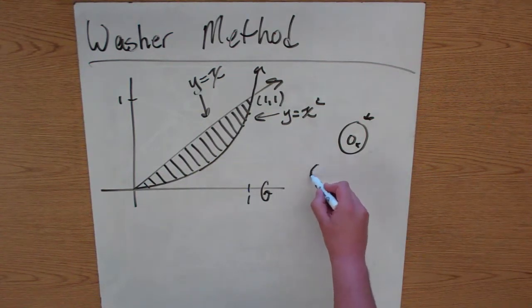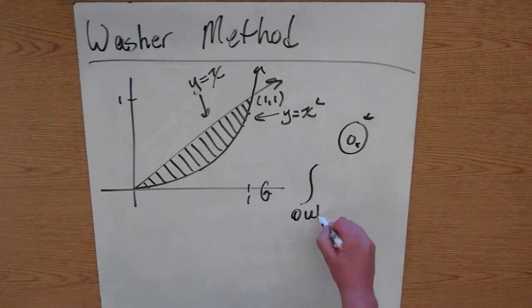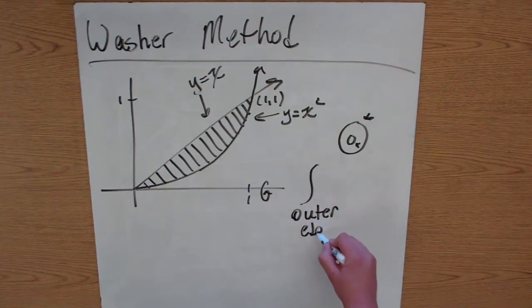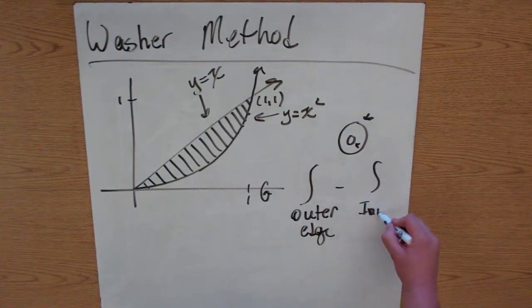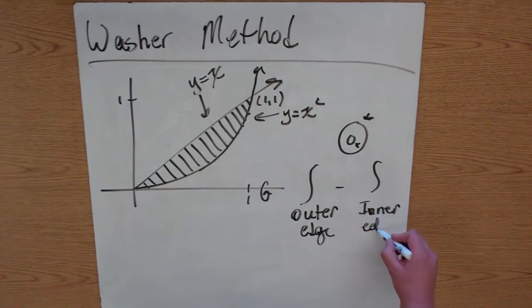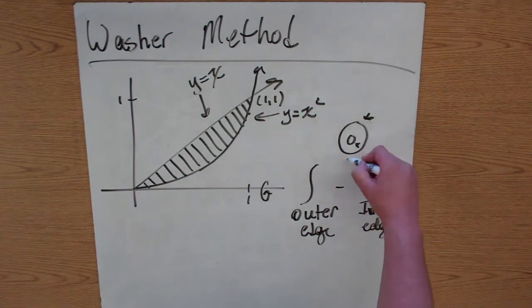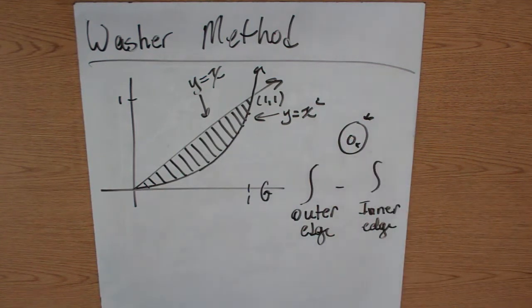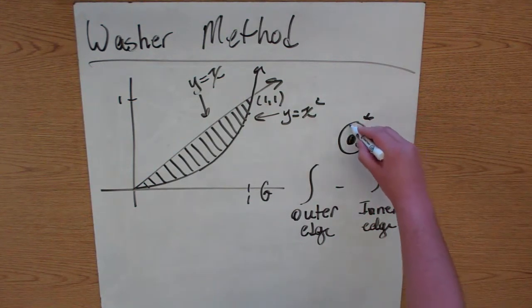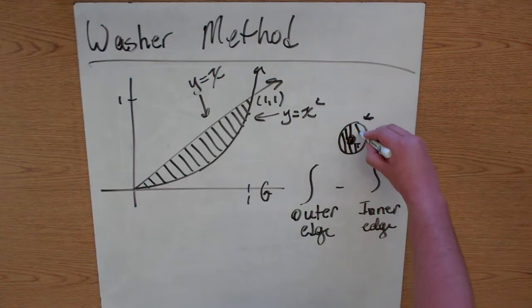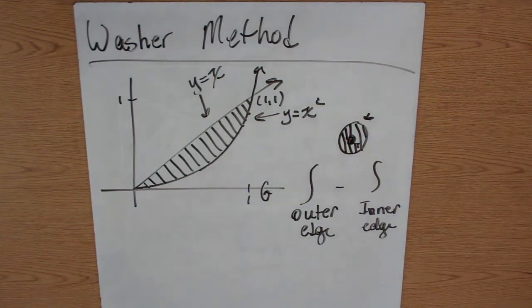So what you're going to do is integrate to find the outer edge, and you're going to subtract from that the inner edge. We're going to find the whole thing, and then subtract out the circle in the middle, so all we're left with is the washer.